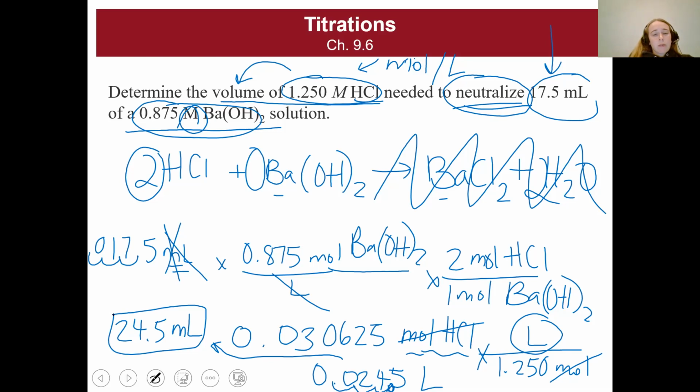So this basically follows that bottom part of that roadmap that I showed you, volume to moles to moles to volume. Cool. All right, so that's a titration, an acid-base titration. It doesn't say anything about titration in the problem, but that's how you would do this experiment if you wanted to neutralize a barium hydroxide solution.